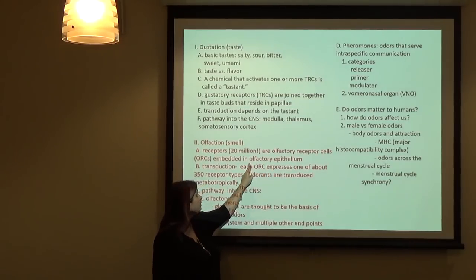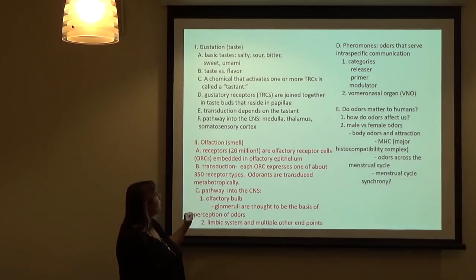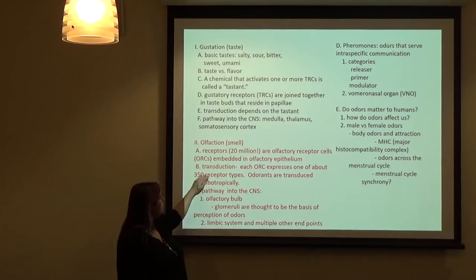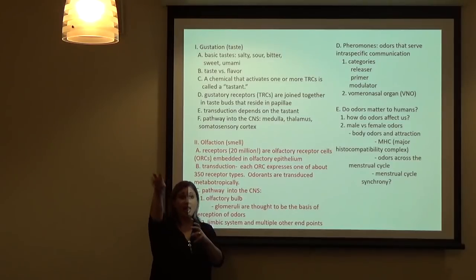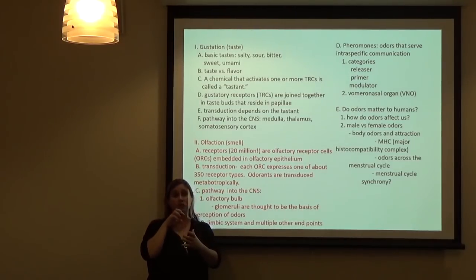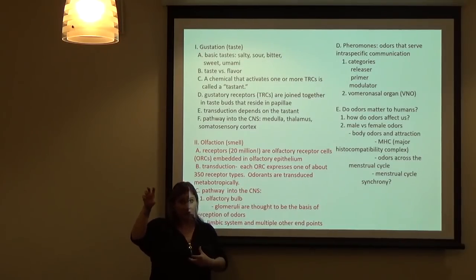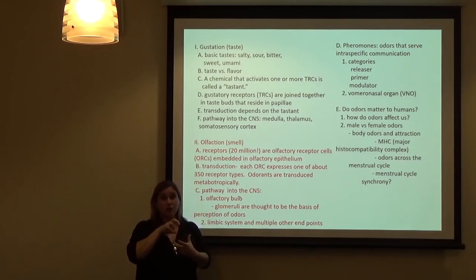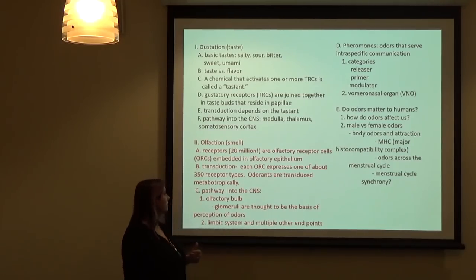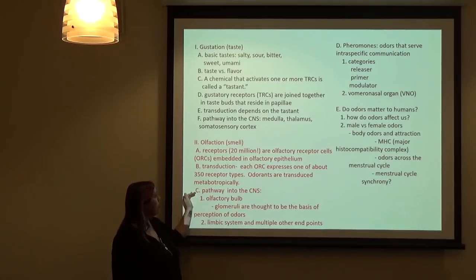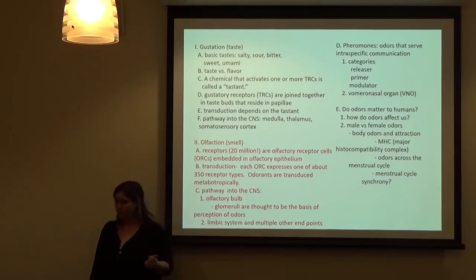I'm going to talk a little bit about the olfactory epithelium and the different kinds of receptors. In the same way that a tastant was a chemical that binds to your taste receptors, an odorant is a chemical that binds to your olfactory receptors, okay? Then I'm going to talk about the pathways that happen after that, getting back to the brain, okay?